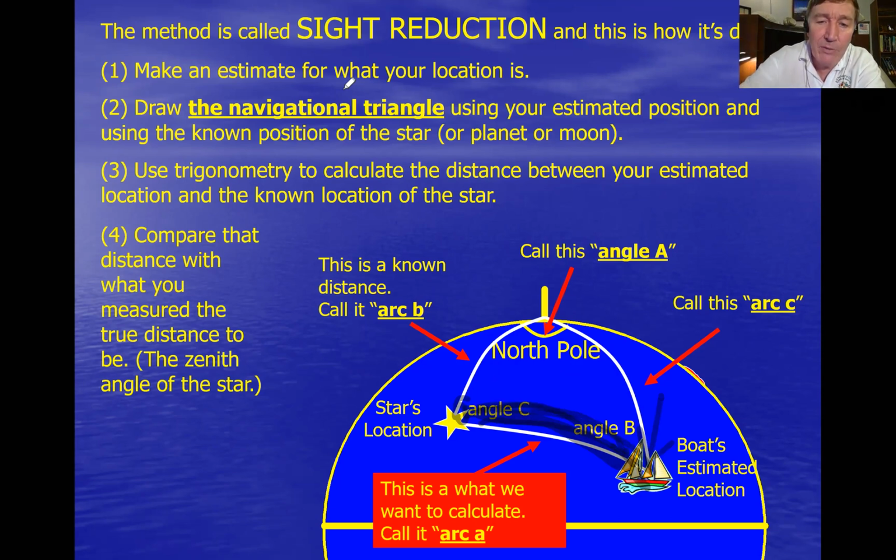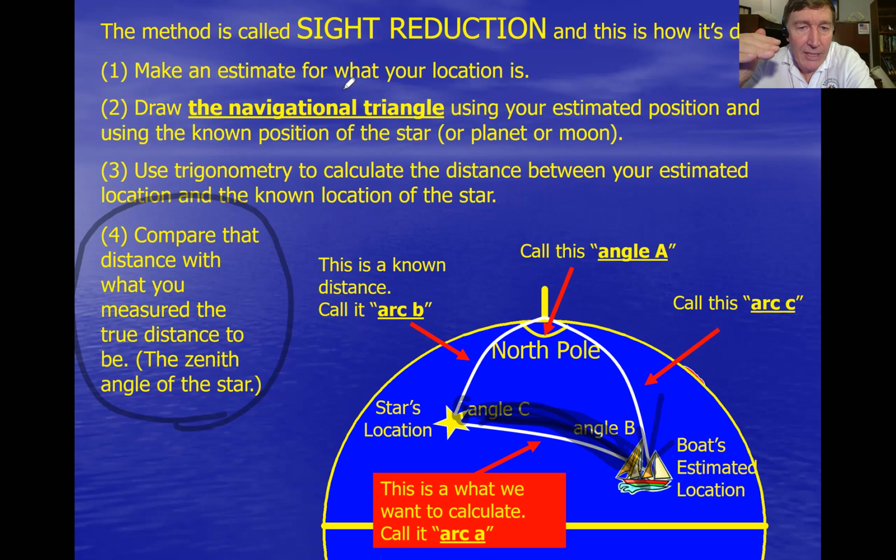We're going to come up with a number for that distance. We're then going to compare that with our sextant reading, because when we take our sextant reading and do 90 minus it, that will tell us what the real true distance is from where the boat really truly is to the GP. So now we have two numbers.